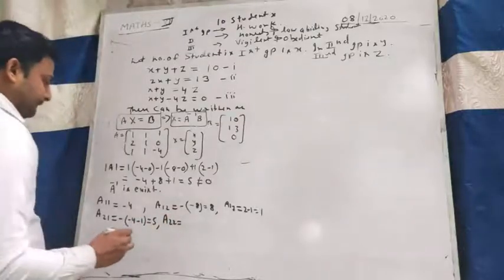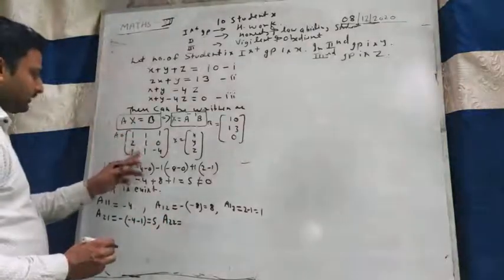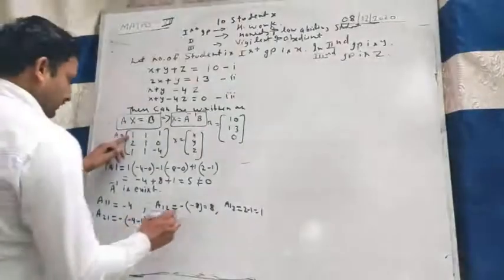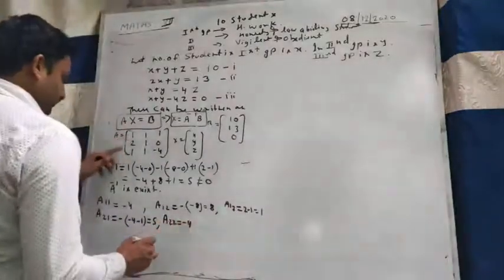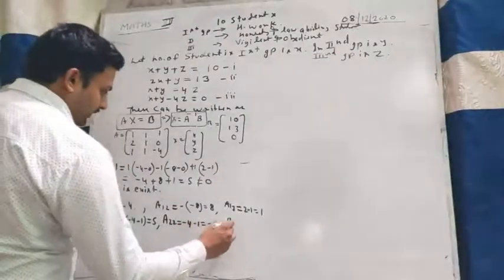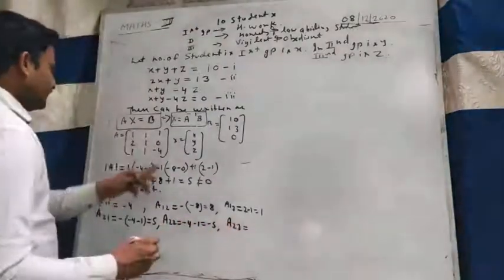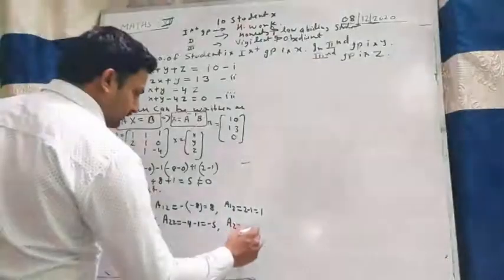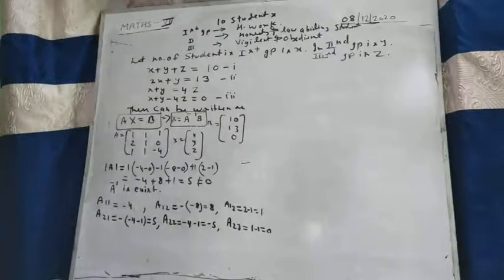A22: minus 4 minus 1, minus 5. A23: 1 minus 1, that is 0. So A21 is 5, A22 is minus 5 and A23 is 0.